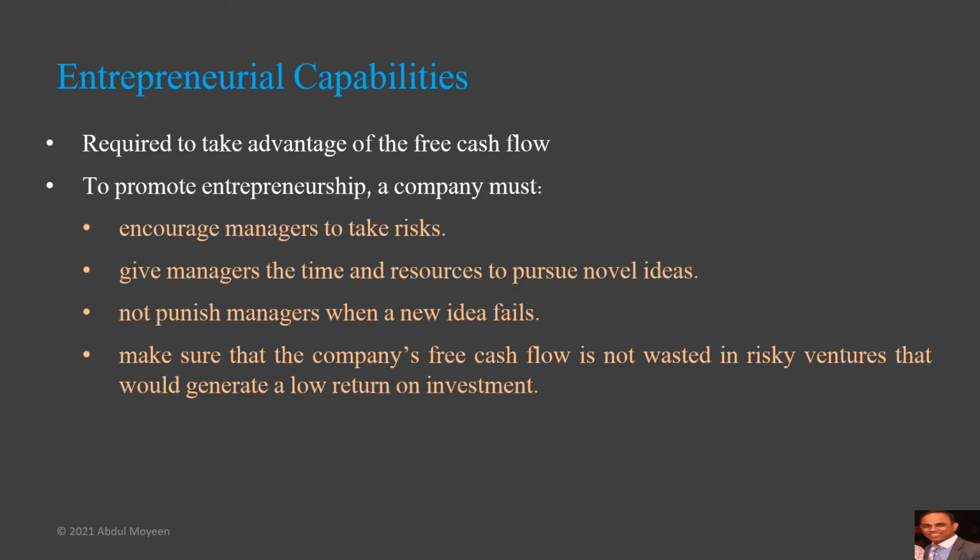So what are entrepreneurial capabilities? A company that generates significant excess cash flow can take advantage of entrepreneurial capabilities only if its managers are able to identify new opportunities and act on them to create a stream of new and improved products in its current industry and in new industries.